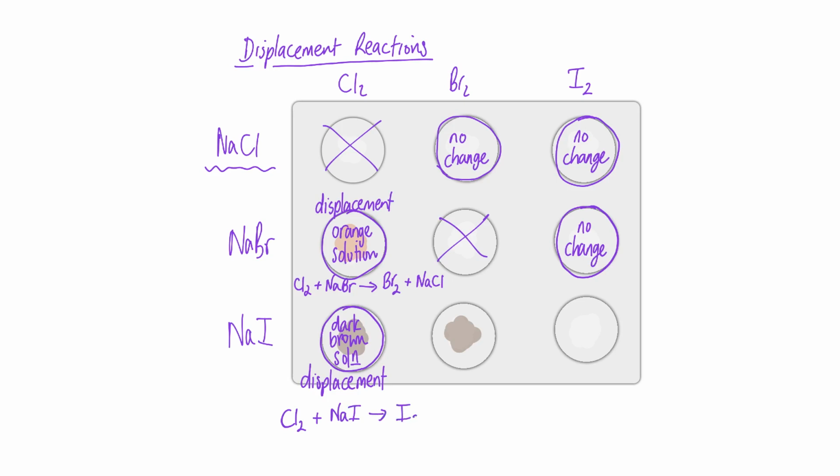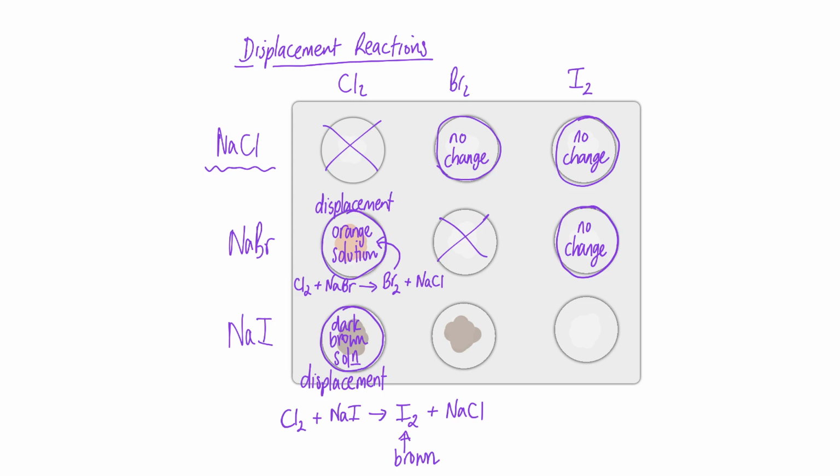That leaves the iodide pushed out, becomes iodine, and I end up with NaCl. That's what that brown colour is. In the same way as here with the Br2, it's the Br2 that is the orange solution, the bromine. That's what we're seeing there.